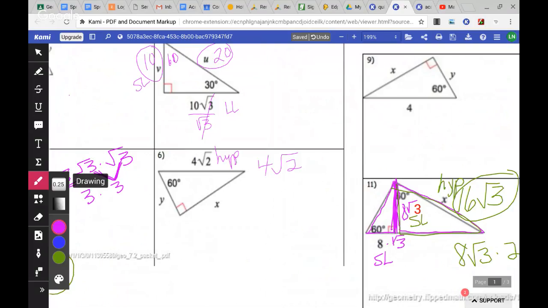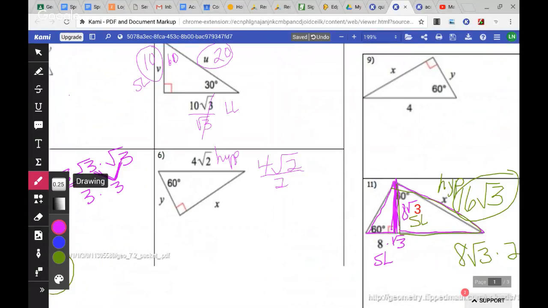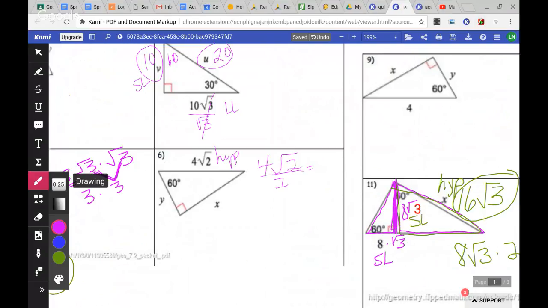So by 2. Yes. If you're doing anything about the hypotenuse, you always multiply or divide by 2 in a 30-60-90. So if you divide by 2, what does that give you? That's going to be 2 root 2. As X or Y? As X.